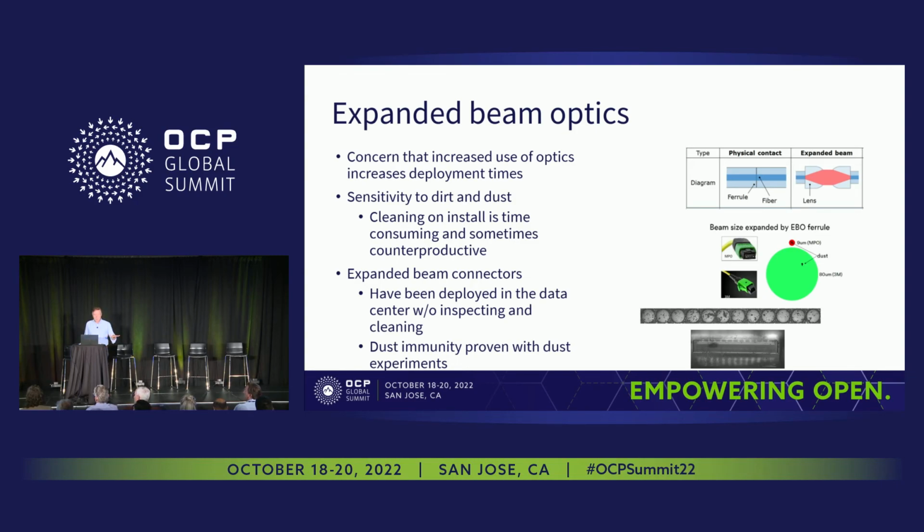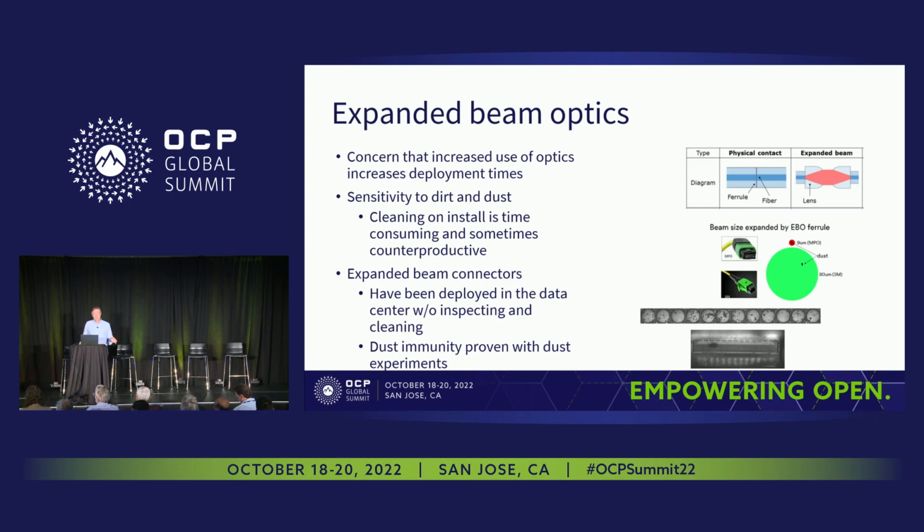One thing we've been experimenting with in Microsoft is expanded beam optics. Because our normal optics deployment, we would expect someone to clean and fit it. And we don't know whether they actually do it because some of them curiously seem to have a fair bit of dirt in them. But a much better way to go about it is to say, well, let's build a connector which doesn't actually need that clean step.